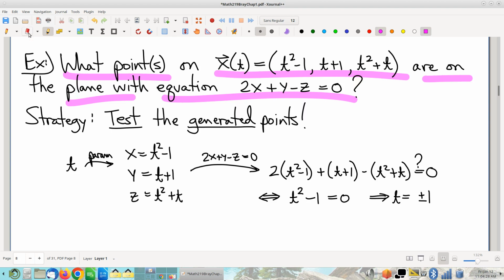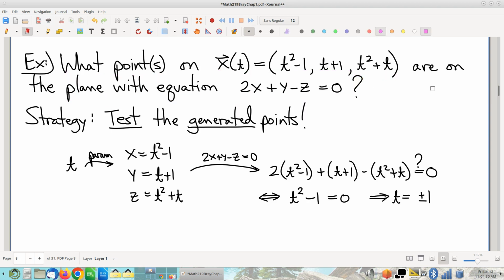Conveniently, as it turns out, we have a parameterization of one and an equation of the other. So I have a point tester and a point generator. The way that I'm going to find the points that are on both is I'm going to generate points and then test them. I have the ability to generate points, and I have the ability to test.